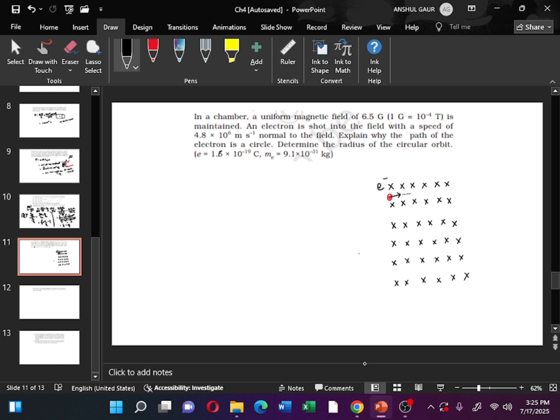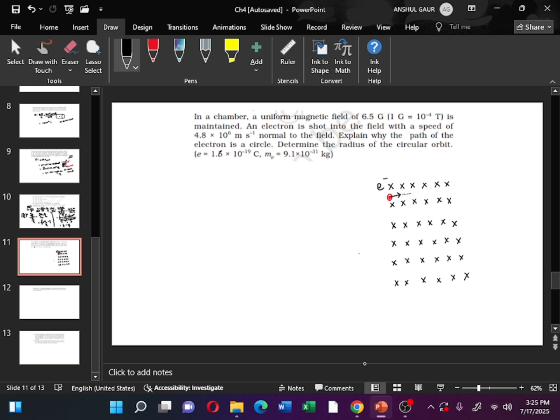So in this particular problem, there is an electron which enters into the magnetic field. Let us assume that the magnetic field is going into the plane of this slide and the electron is entering in the plane. So the path of the electron is perpendicular to the magnetic field.